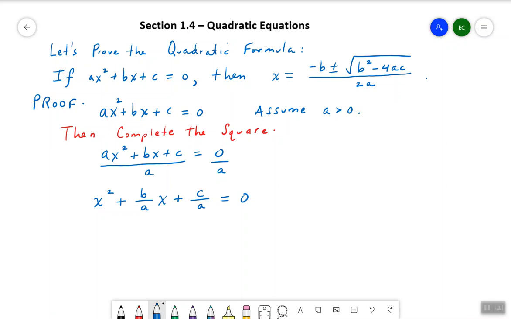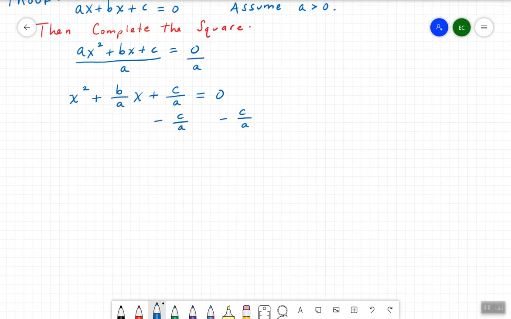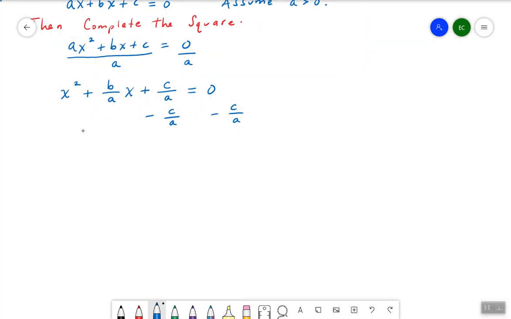So then the second step in completing the square is to move the constant over to the right-hand side. So we're going to subtract c over a on both sides, and we'll get x squared plus b over a times x is equal to negative c over a.